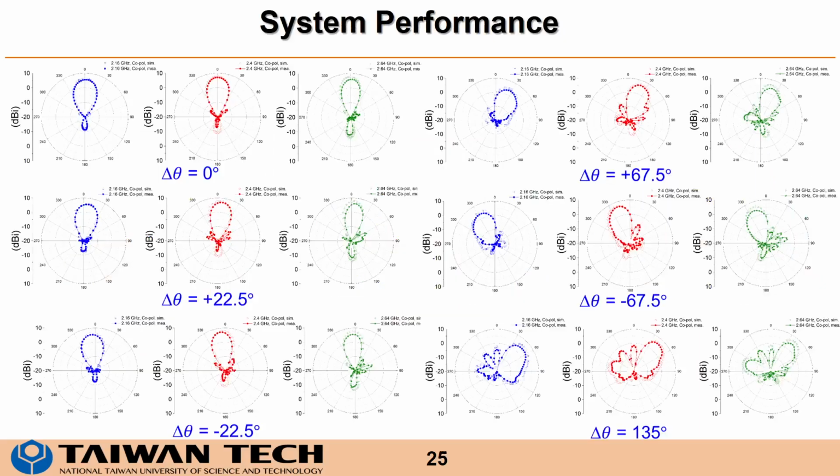And about the future work, as I have mentioned before, the beam pattern of the array still has some problem when we try to steer the beam at the edge of the spatial coverage.